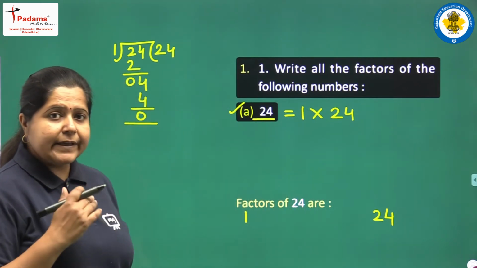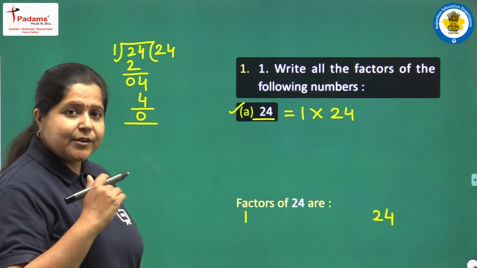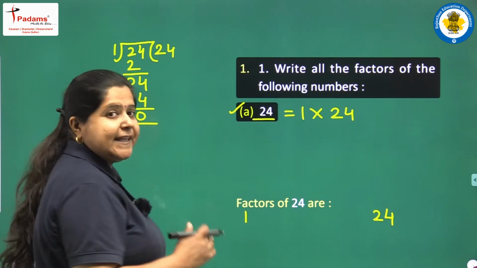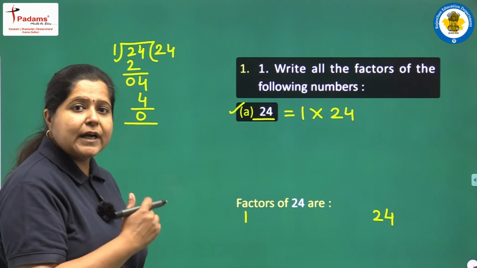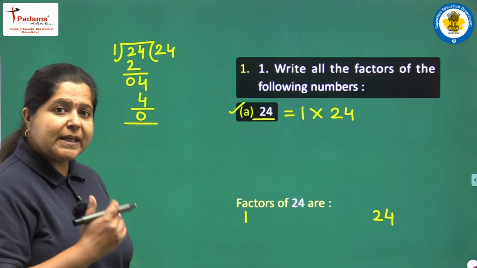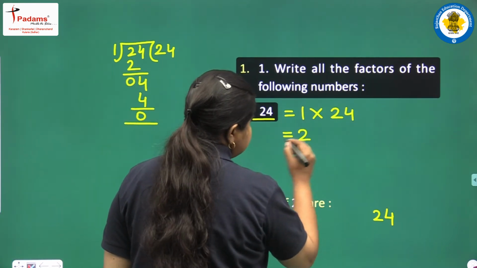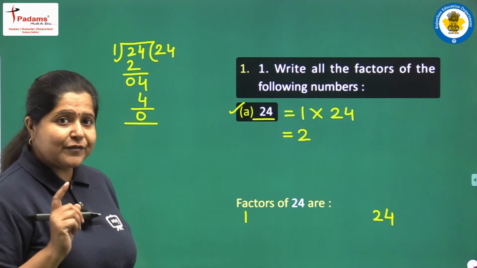Now we will check whether 2 divides 24 completely or not. 2 will divide 24 completely if 24 comes in the table of 2, or in other words, if 24 is a multiple of 2. So just think of it, is 24 present in the table of 2?